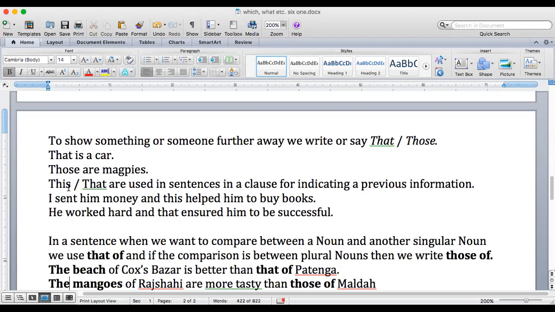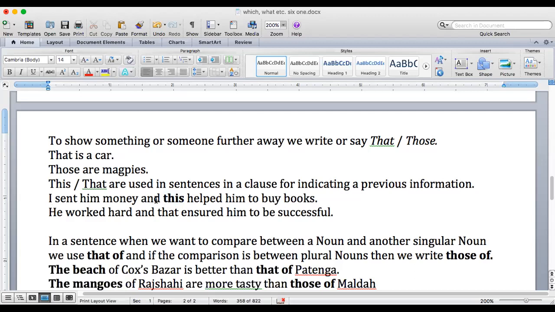And again, this and that are used in sentences for a clause for indicating a previous information. All right. I sent him money and this helped him to buy books. What helped him? This helped him to buy books. So there are two parts of the sentence here, joined by a conjunction, as we have learned.